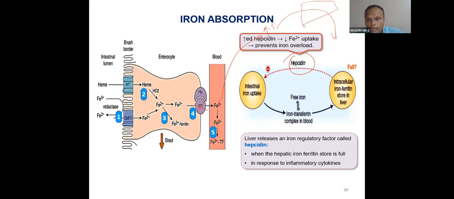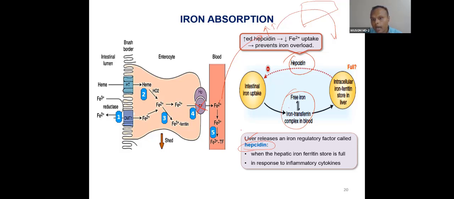High iron will increase the release of hepcidin. So this is like a feedback mechanism of iron absorption. High hepcidin will decrease iron absorption by inhibiting ferroportin. The liver releases an iron regulatory factor called hepcidin.